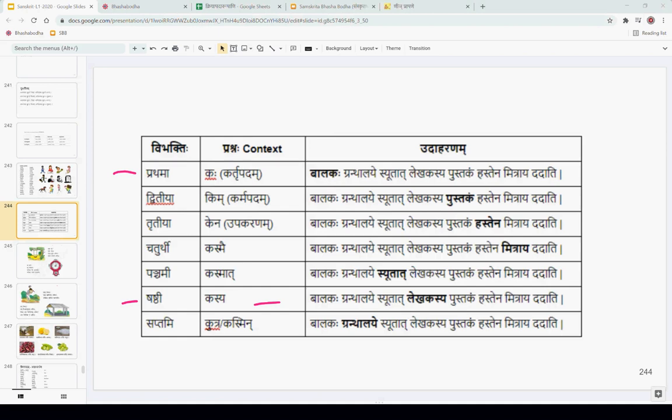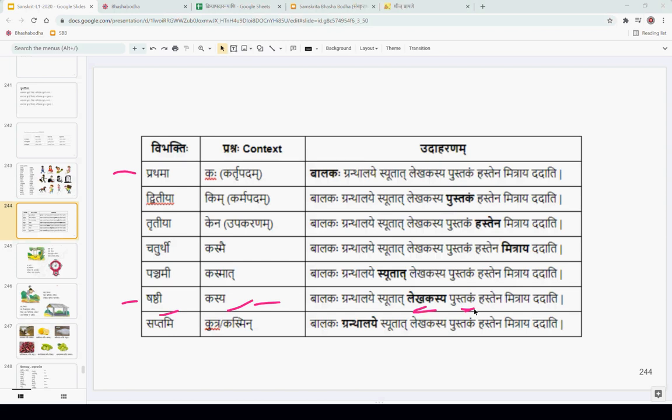nouns. Right? So here, Lekhakasya Pustakam. Whose Pustaka? Kasya Pustakam asti, Lekhakasya Pustakam. Like that. Shashti Vibhakti form indicates the relationship between two nouns, Lekhaka and Pustakam. Lekhaka is the writer, Pustaka is the book. Between the two, what is the relationship?